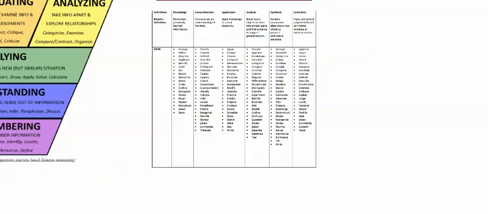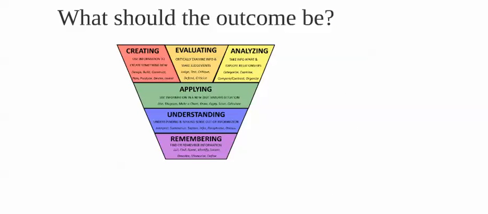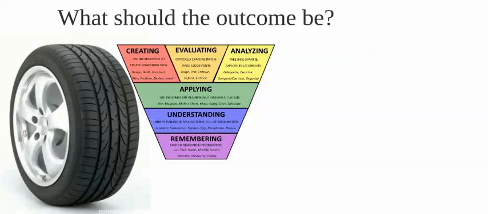All right, let's move on and look at what the outcome should be. I'm teaching a life skills class, and one of the things I want people to be able to do is to change a tire. So what should my learning outcome be? Well, if I'm going for lower level understanding, I could say something like memorize or list the steps of changing a tire.